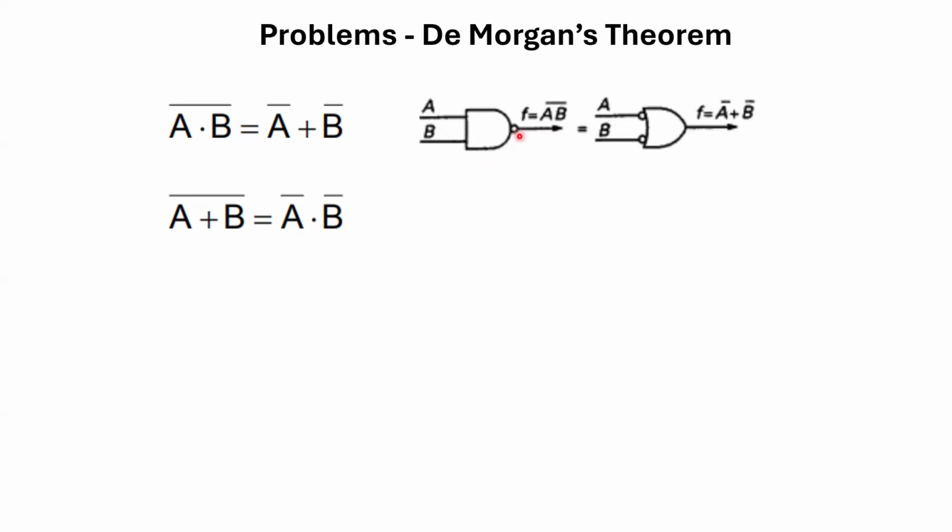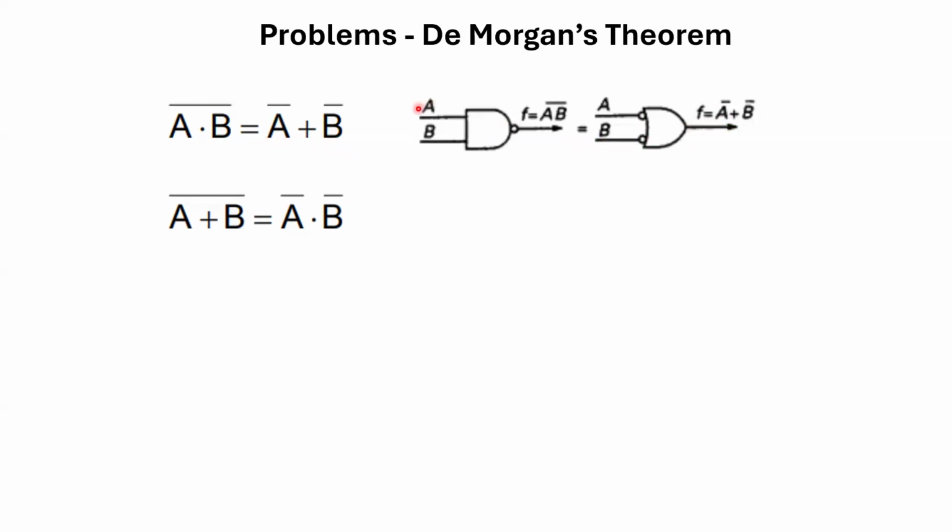So you could have an inverter connected to it, or you could have the inversion bubble, which would make this a NAND gate, right? So here's A and B, and on the output, it's this point right here. And that's equal to the same thing as if you had an OR gate and you had the inversion bubble separately on the inputs right here, and that's going to give you the output.